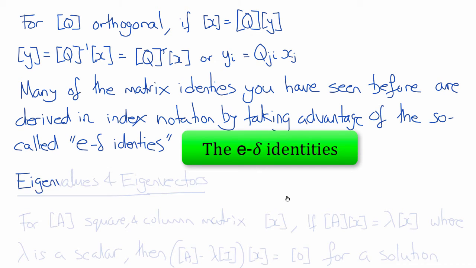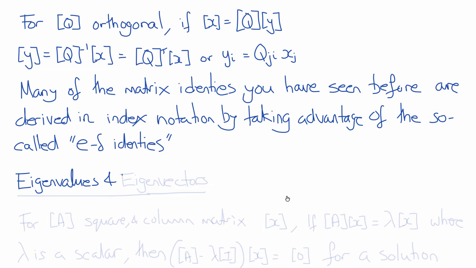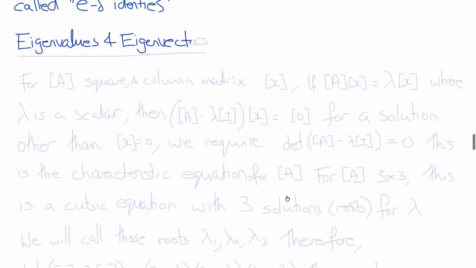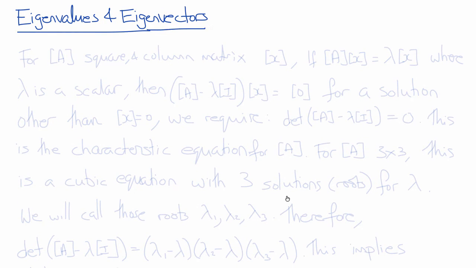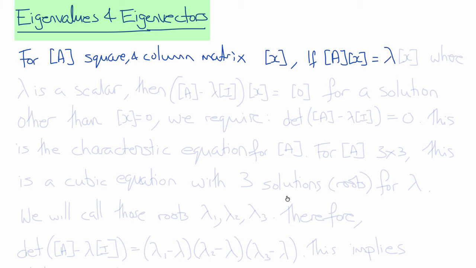Of course, another important property of matrices is eigenvalues and eigenvectors. So to review, for the matrix A that is square and the column matrix x, we can define the eigenvalues and eigenvectors by the equation Ax equals lambda x, where lambda is a scalar.